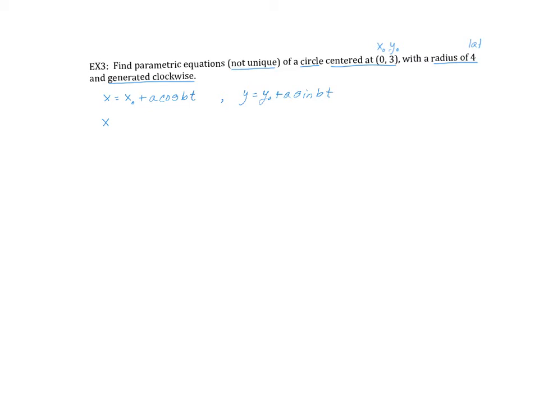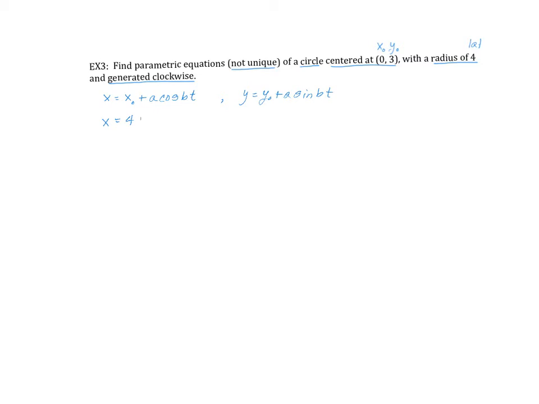I know my x sub 0 is 0, and the absolute value of a is 4, so I'm going to choose positive 4. Notice I could have also chosen negative 4 for my a value, and that again would change the way the graph is generated. So there's a lot of options here, which is why your parametric form is not unique.